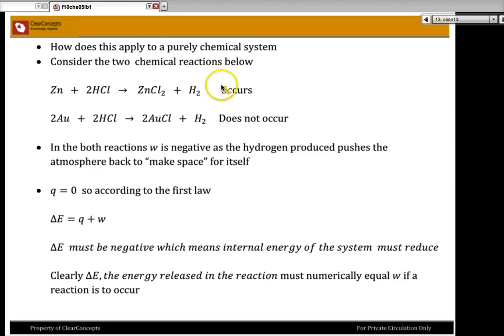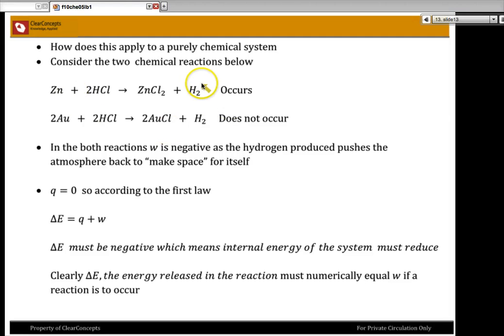There are gases on the right hand side, but no gases on the left hand side. So do we agree that the volume of the products is much more than the volume of the reactants in both cases? There's a gas on the right hand side, which has a lot more volume than a liquid or a solid under normal lab conditions.